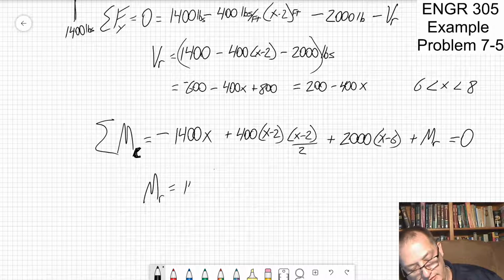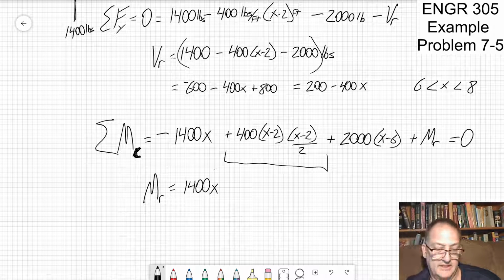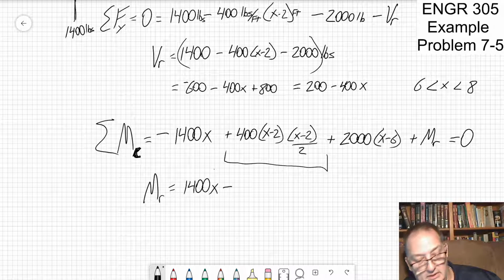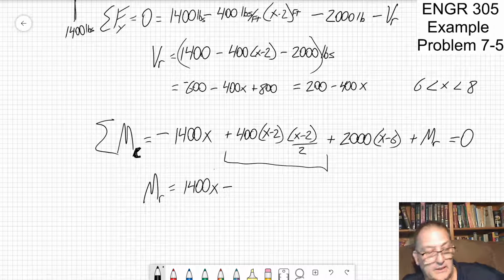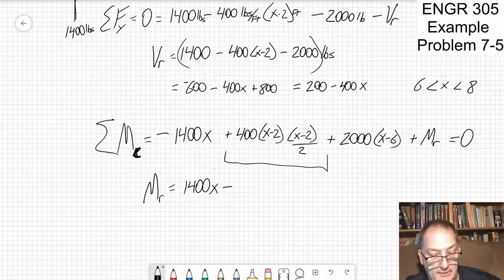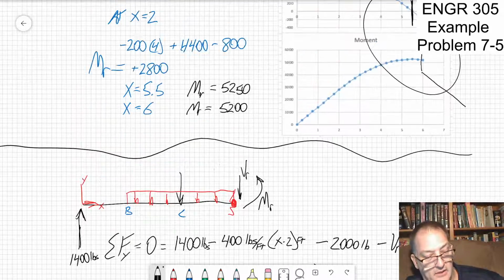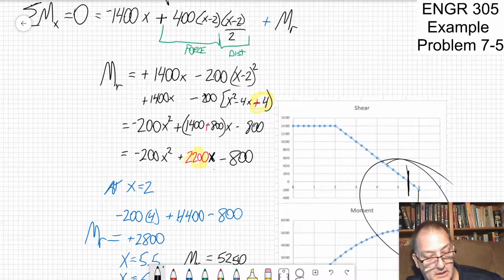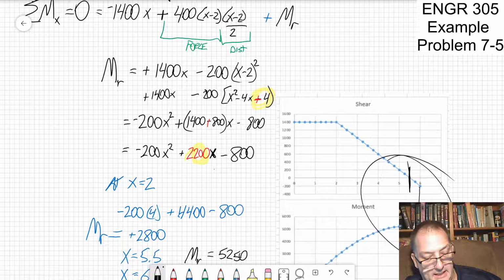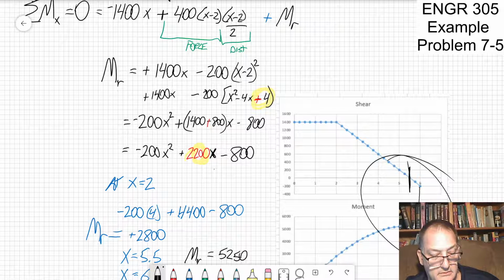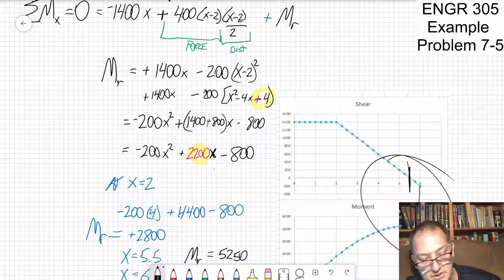MR is equal to 1400x times, this I've seen before. If I look up above, I'm going to get 1400. Sorry, I've got to go all the way back up here. I got 1400 minus 200 x minus 2.